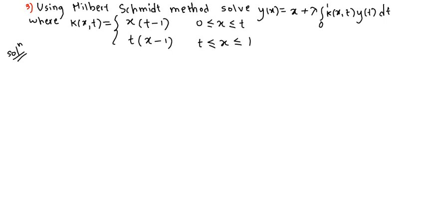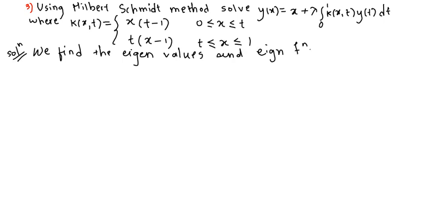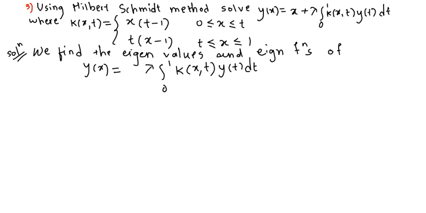So the first step will remain the same, that is, we find the eigenvalues and the corresponding eigenfunctions of the homogeneous equation, that is, y(x) = lambda times the integral from 0 to 1 of K(x,t) y(t) dt, where K(x,t) is given by this definition.